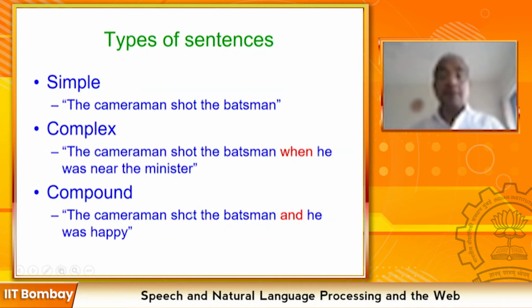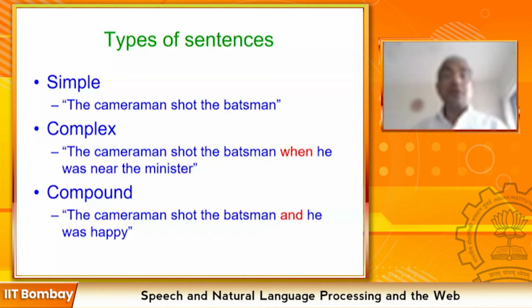But one thing we can be sure is that here the meaning of shot is most likely not firing with a gun. This is where language ambiguity comes into play. So this is a slightly deeper look at how sentences are constructed and how parsing needs to be done.